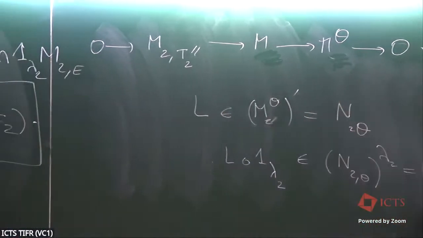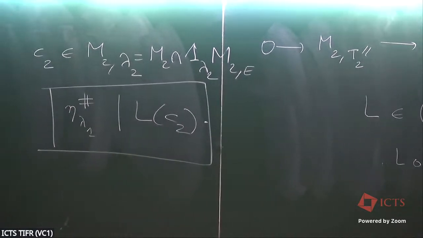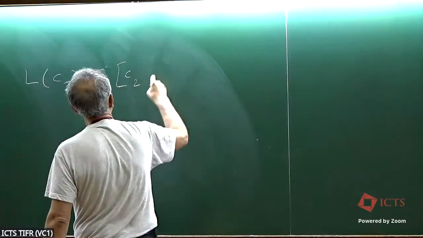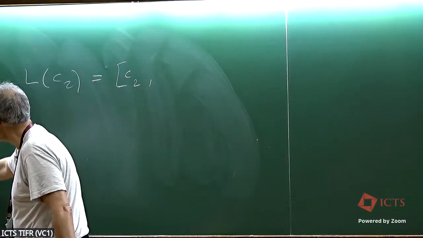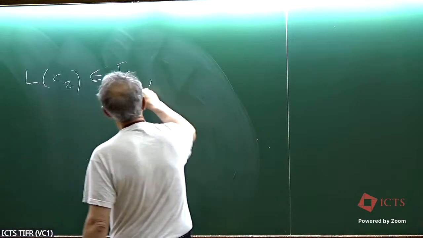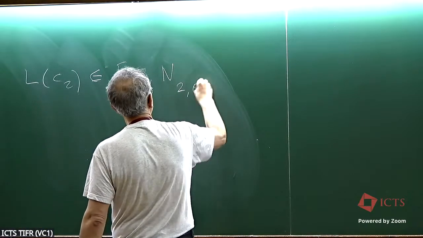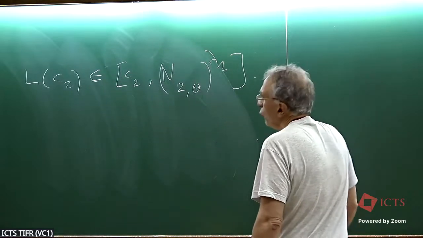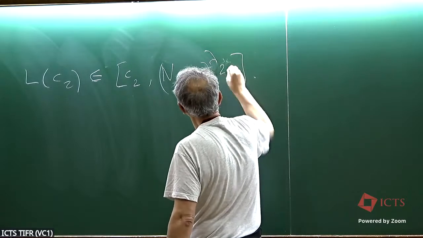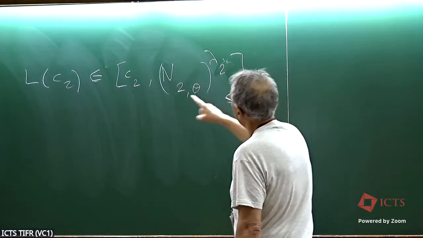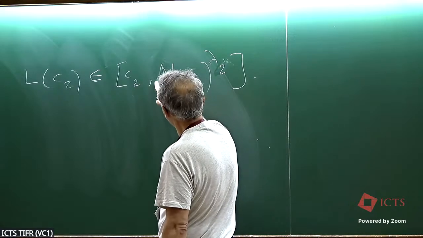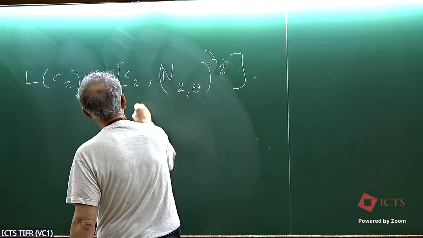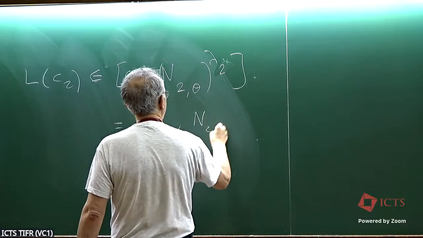So let's compute L of C2. This is a pairing between C2 and some element of this thing. So it belongs to this paired with N2 theta lambda 1, or lambda 2, anyway. So there is a 1 lambda 2 here, but this is T2 bilinear. So it is the same as C2 N2 theta.